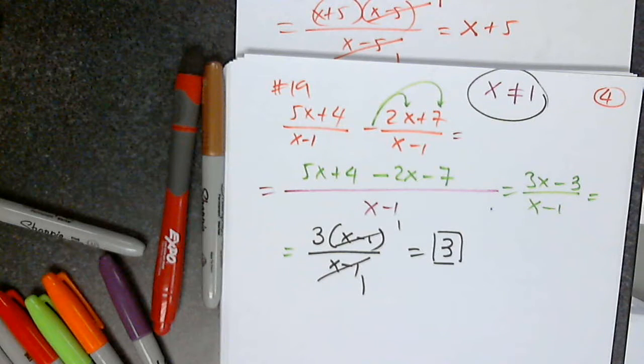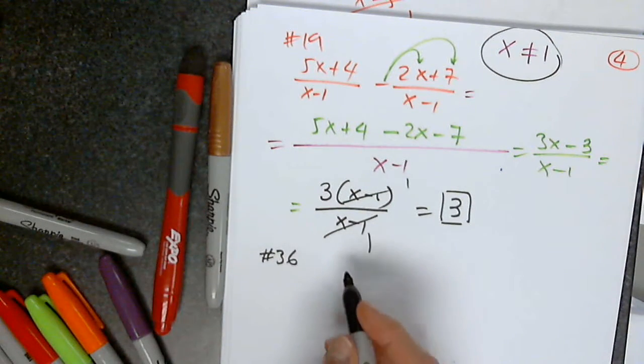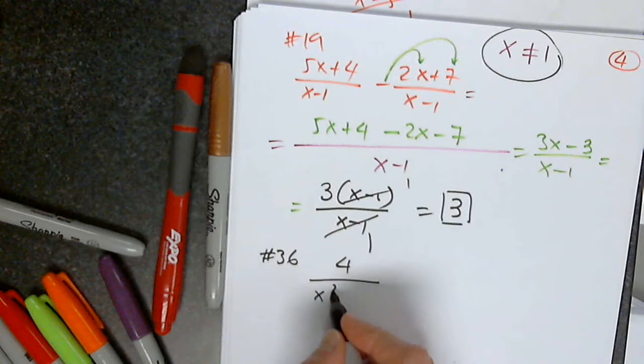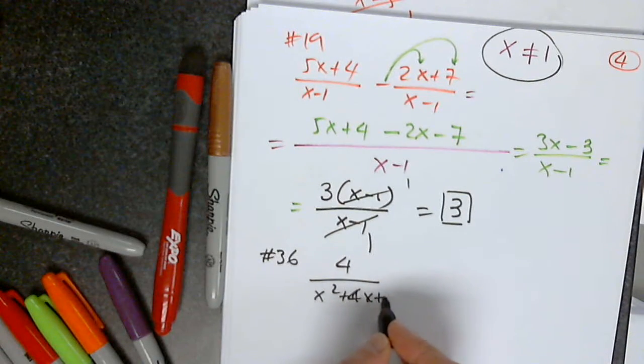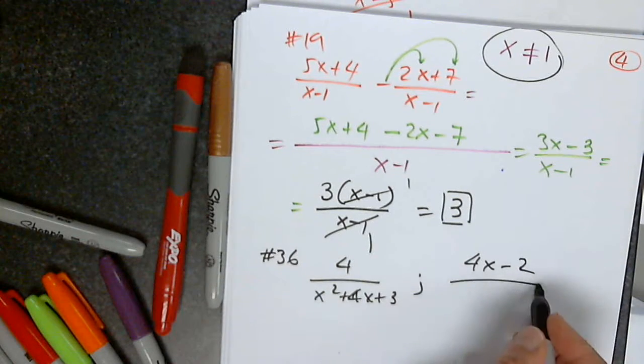Same page? Okay. Let's look at 36. In 36, we are only asked to find the least common denominator. So let's find it. So we are given two expressions, 4 divided by x squared plus 4x plus 3. We're not asked to do anything, just find the least common denominator.